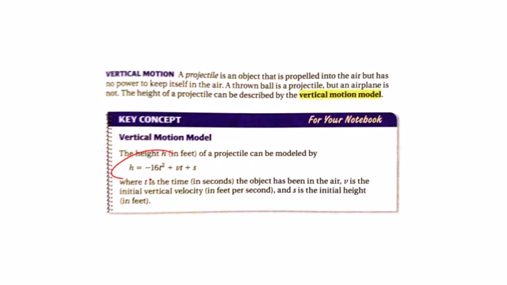This is the equation that models that. So when I plug in the time, which is modeled in seconds, and the v velocity or speed, and then s, which is the initial height, we are going to get an output of the height that it is at. So we're going to be using that equation here in the next example.